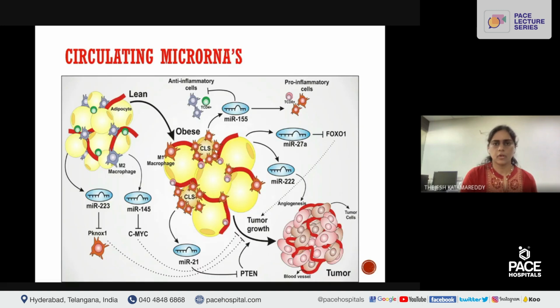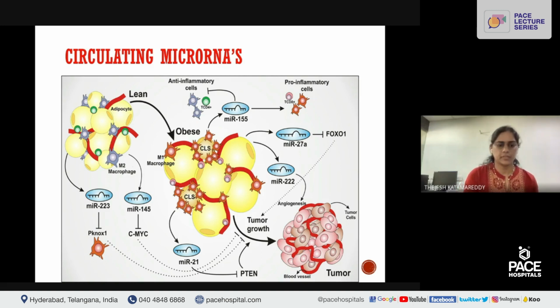Then circulating microRNAs are also involved in the metabolic syndrome. MicroRNAs like 223, 145, 21, 155, 27, and 222 are all involved in the development of metabolic syndrome, directly or indirectly.